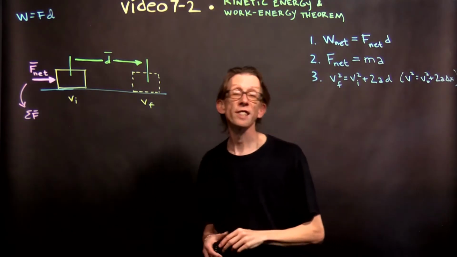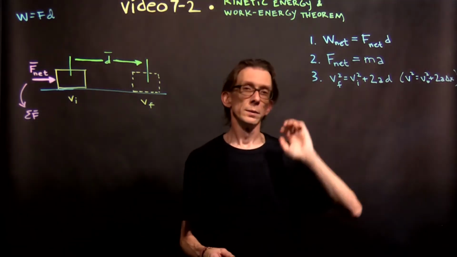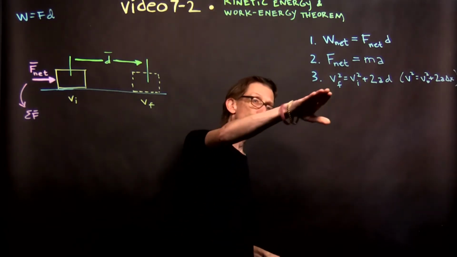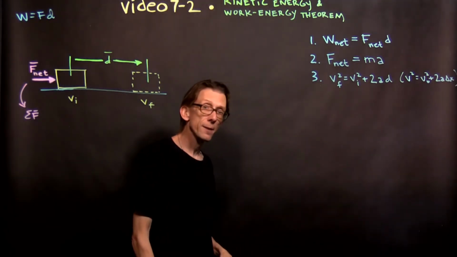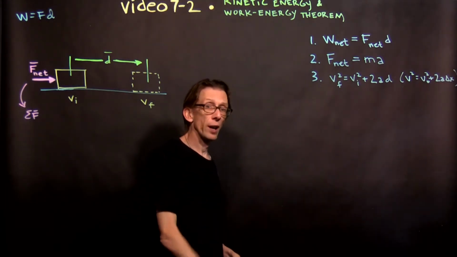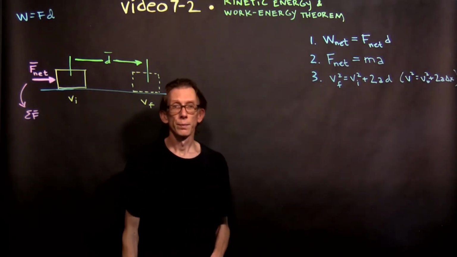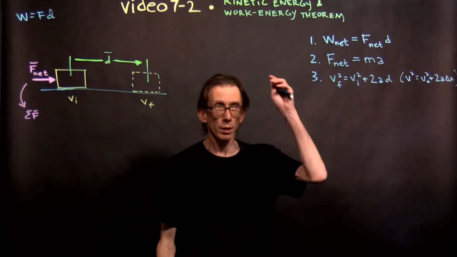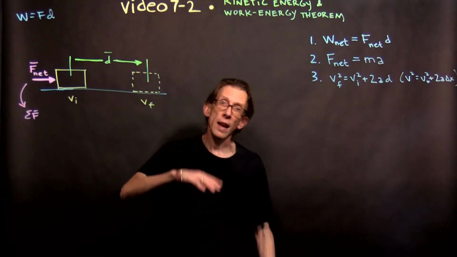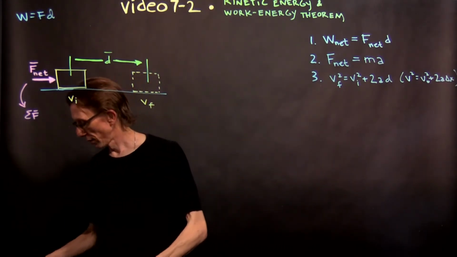Same equation, just slightly different notation. We have the subscripts f and i on the v's, and we're using d for displacement instead of delta x. But you'll recognize all three of these as things you're familiar with. We're going to combine these three, turn the crank, and come out with a new thing. Okay, so let's do that.